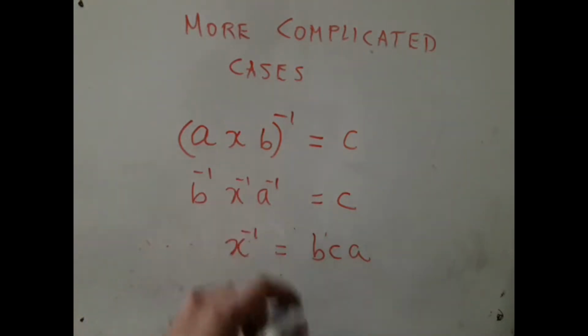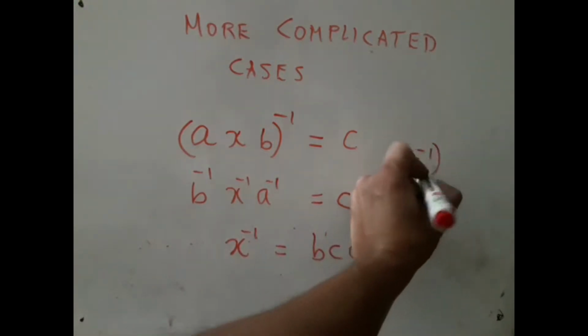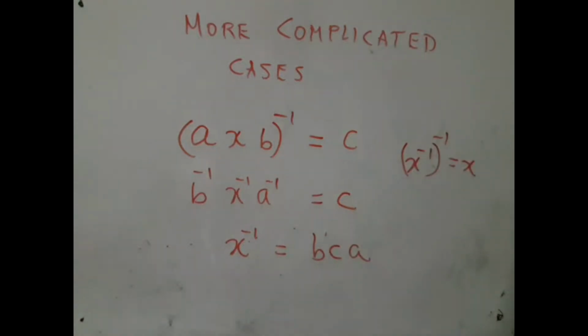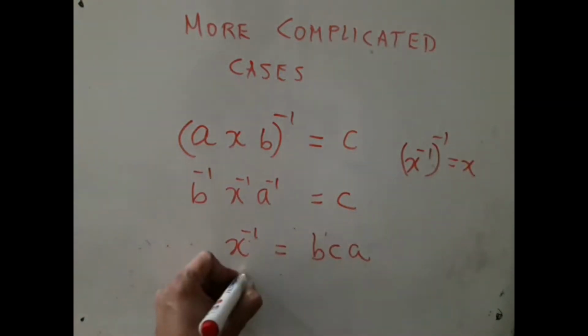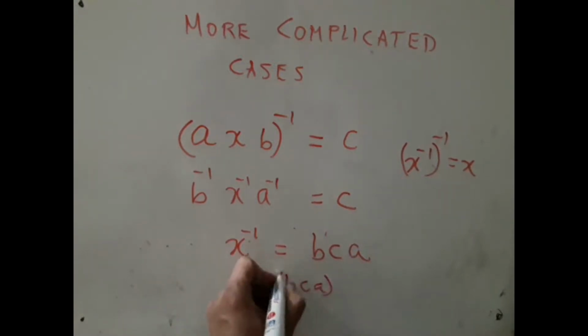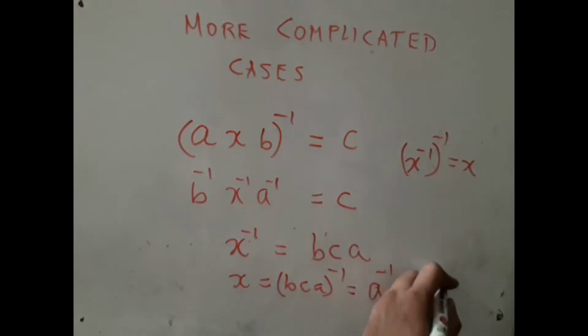Well, invert it once again, because I know any element, if I invert it twice, is back to the original element. So I will invert both sides. So I have x equal to (bca) whole inverse. And by the same argument, this is nothing but a inverse c inverse b inverse. So in this case also I could solve the equation and the answer is unique.